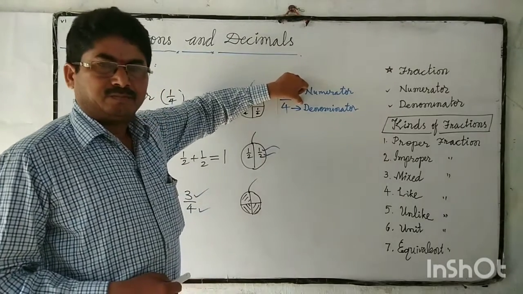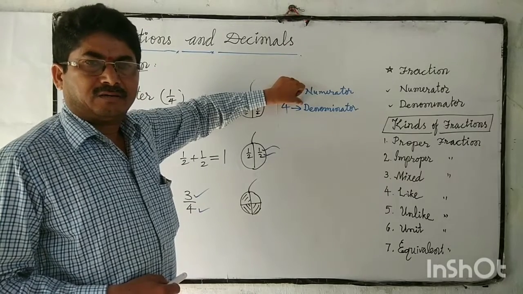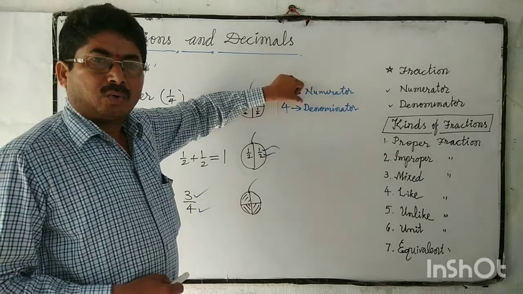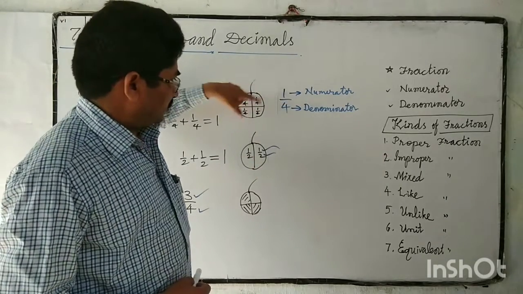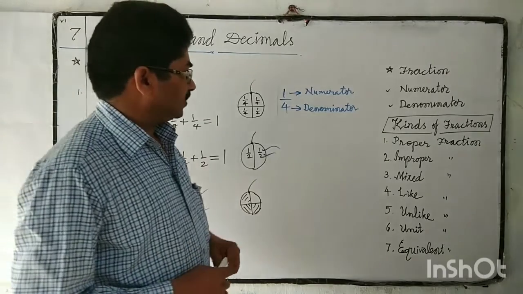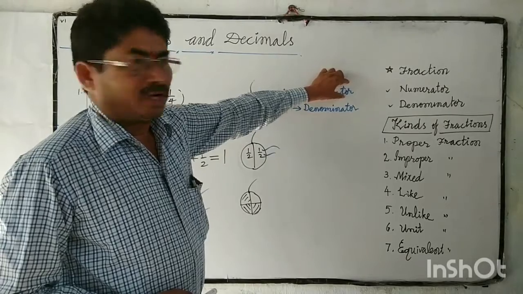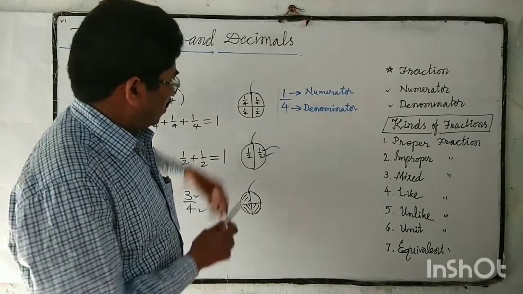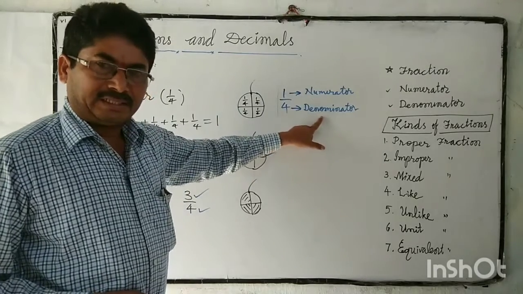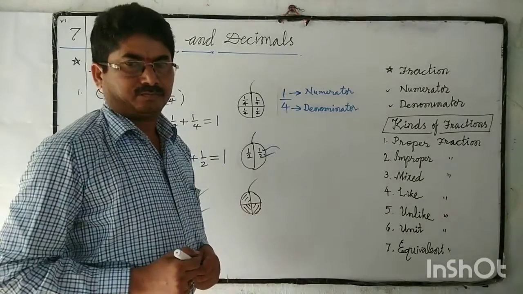Denominator tells us or expresses or represents total number of equal parts. We understood? Once again, numerator tells us number of parts taken, how many parts we taken. Denominator tells us total number of equal parts.